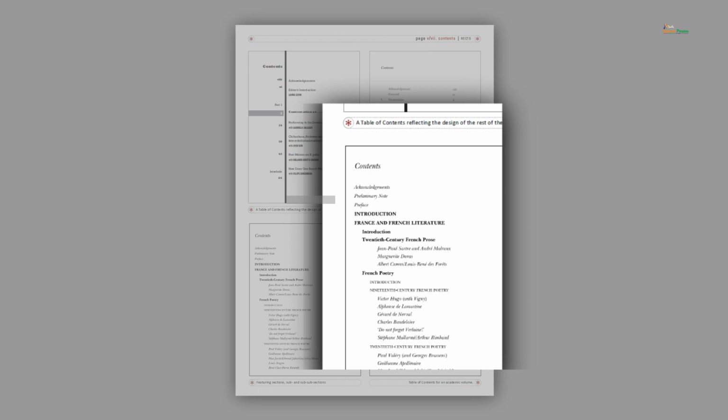Therefore, we can imagine that in that particular introduction, the author has explained how and what regions of France he has looked at and what aspects of French literature he will be discussing. It is an overall discussion of the entire chapter. If you compare the type treatment of that introduction to the type treatment of the word introduction as it appears beneath French poetry, you will realize two things.